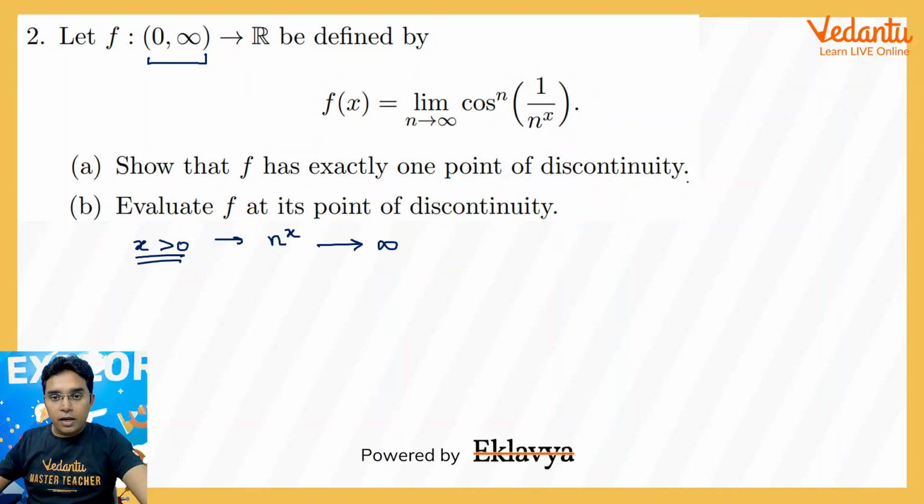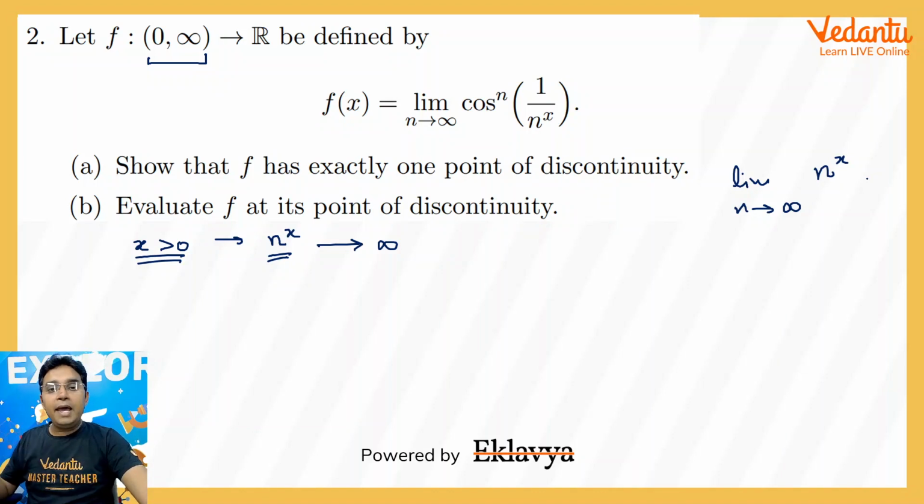Okay, dear all, whenever we have to think about this, we should think this way: limit n approaches infinity of n power x. Now whatever x you choose, by making n arbitrarily large, this will always be approaching infinity. Some people may think that when x is very small, shouldn't it approach 1?